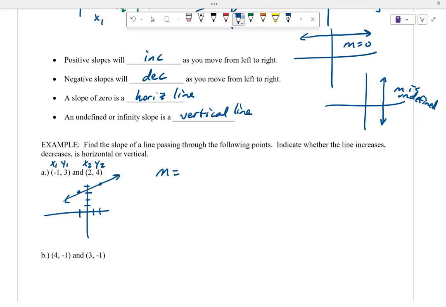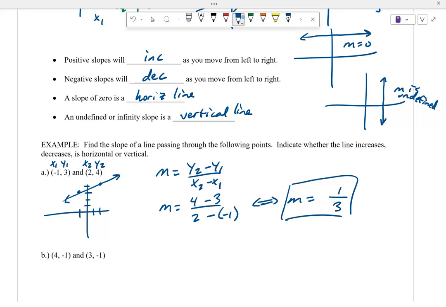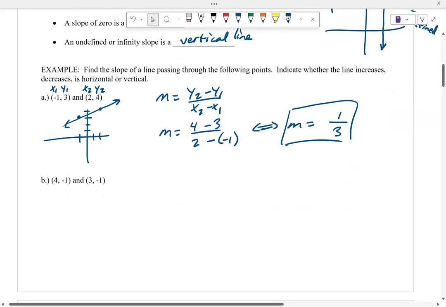And let's find the slope of that line that goes through those 2 points. So our y2 is 4 minus our y1 is 3 over x2 is 2 minus our x1 is negative 1. So it looks like we have a slope of 4 minus 3, 1 over 2 plus 1 is 3. This is a positive slope of 1/3.